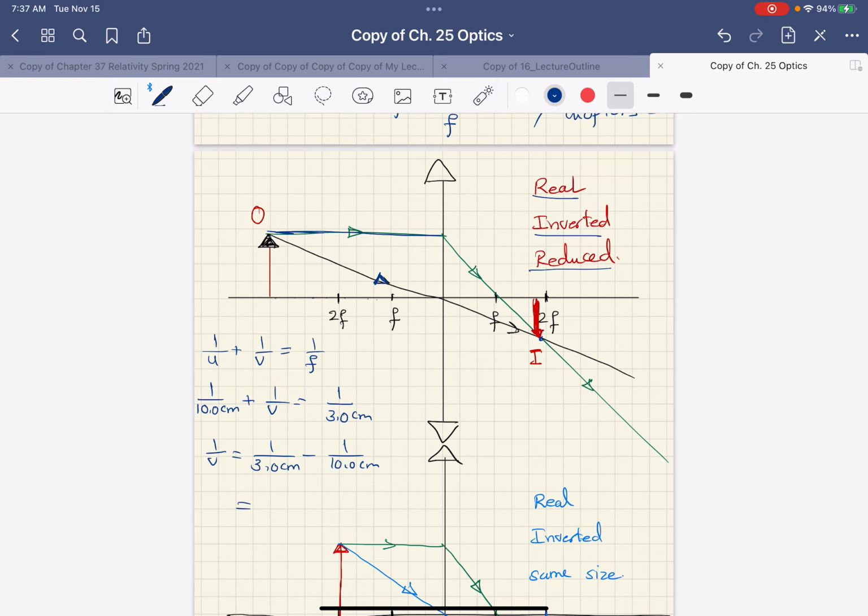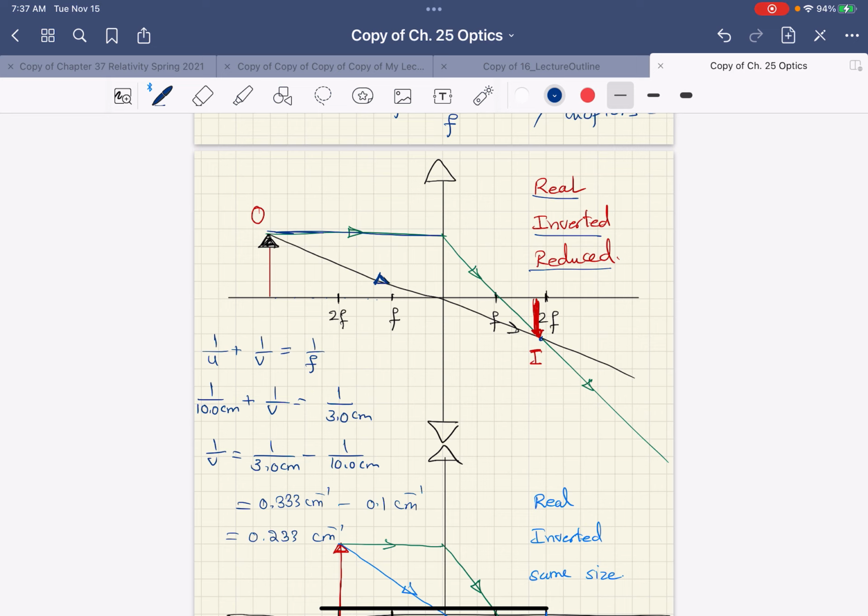Okay, let's do the math. This is 0.1, and therefore it is going to be 0.233. Then this is really 1 over this value.